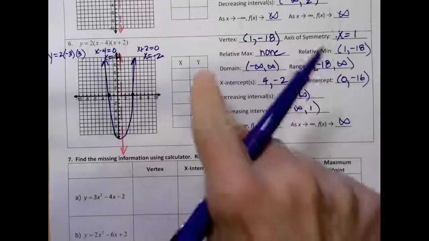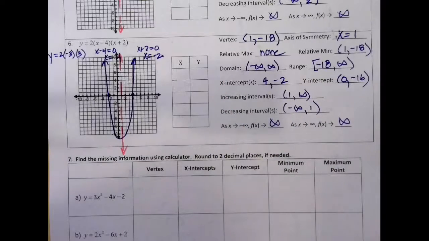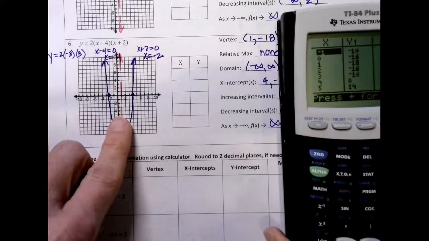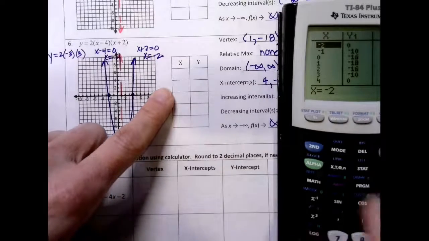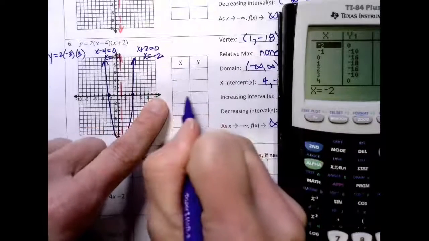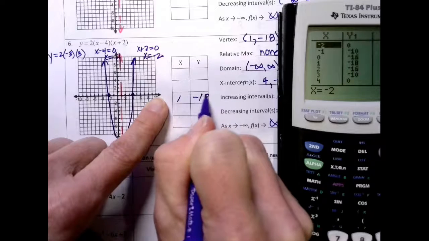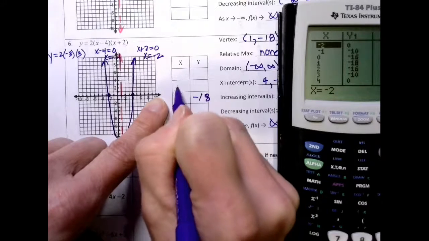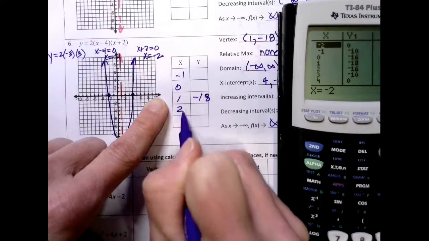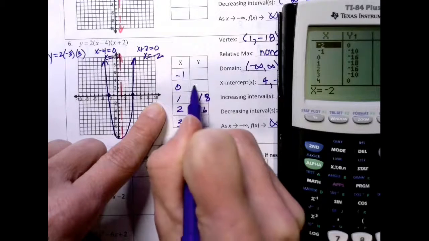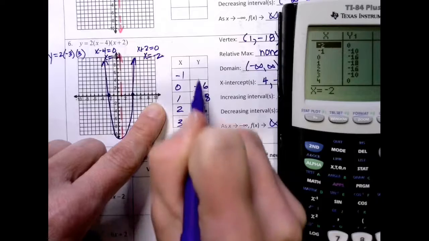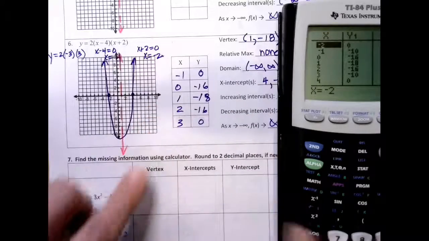All right, so in both of these I neglected to put the table of values in. Let me quickly fill that in for this one. So 1, negative 18, and I could do 0, negative 1, and 2 and 3. So here's negative 16 as a symmetric point, and 0 as a symmetric point.